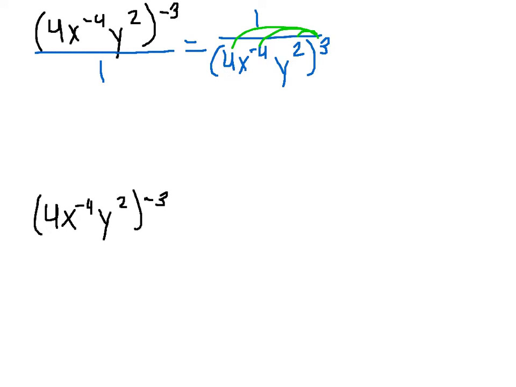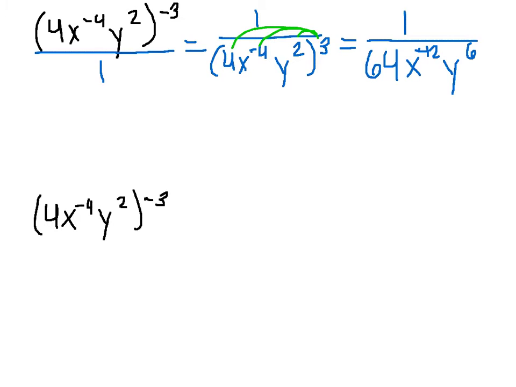When you find 4 to the 3rd power, it ends up being 64. So I have 1 over 64. When we have power of a power, we multiply our exponents. So that gives me x to the negative 12th and y to the 6th.